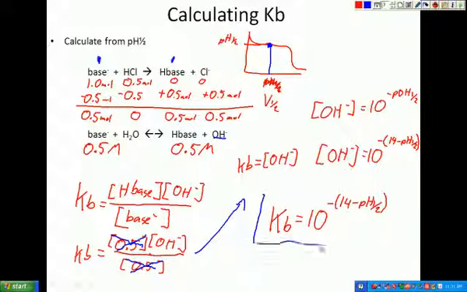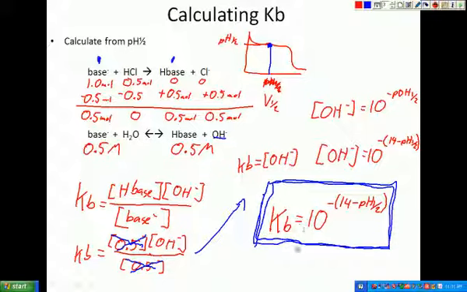And that is how we derived this formula. Okay, and so this is the formula which you're going to use in order to calculate Kb. Okay, so what else can we calculate using our titration curves? Well, write this formula down in your books, and we're going to look at some more stuff and then do an example.